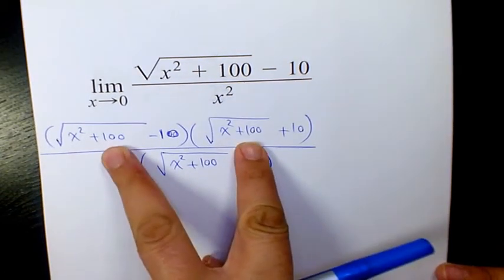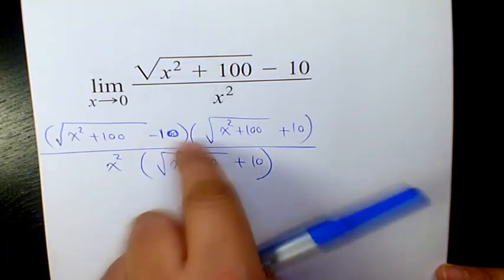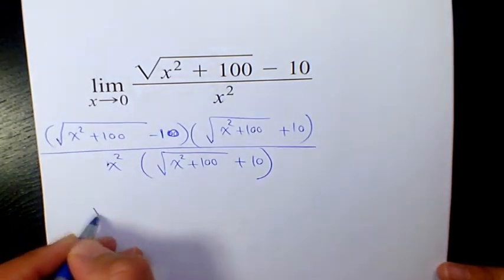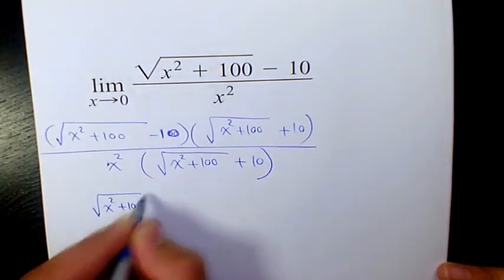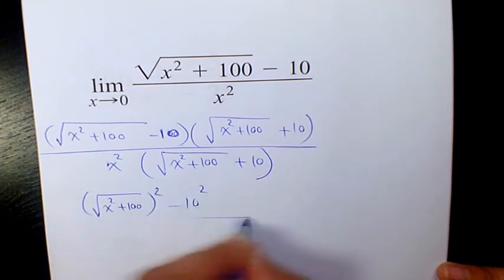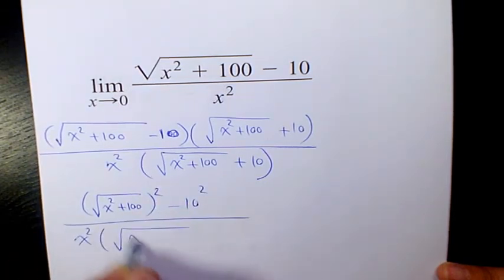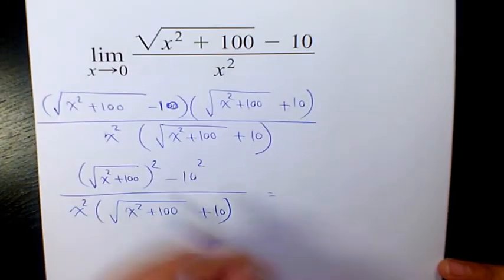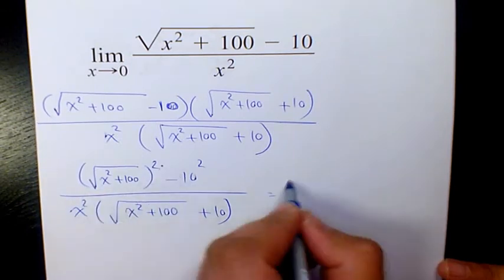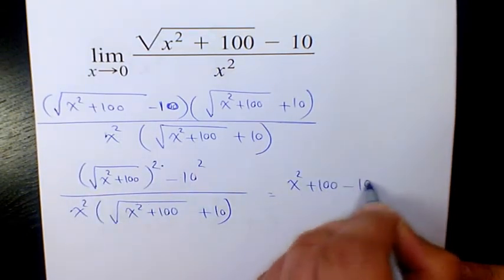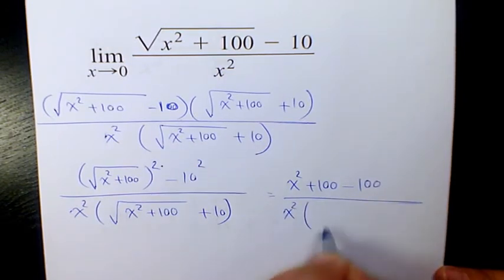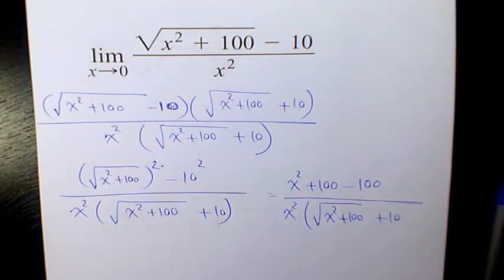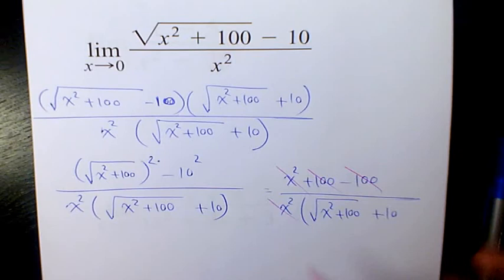Now we have a difference of squares. a minus b times a plus b is going to be a squared minus b squared. So it is going to be x squared plus 100, to the power of 2 minus 10 to the power of 2, divided by x squared times the square root of x squared plus 100 plus 10. The 2 and the square root cancel out. It's going to be x squared plus 100 minus 100 divided by x squared times the square root of x squared plus 100 plus 10. x squared and x squared cancel out.